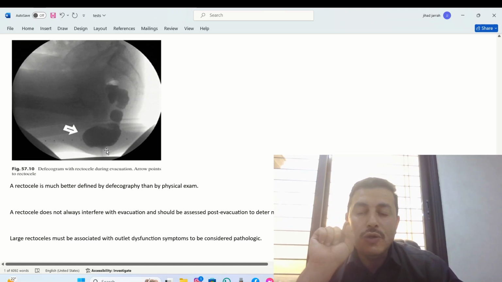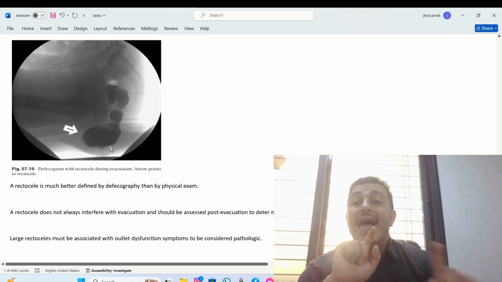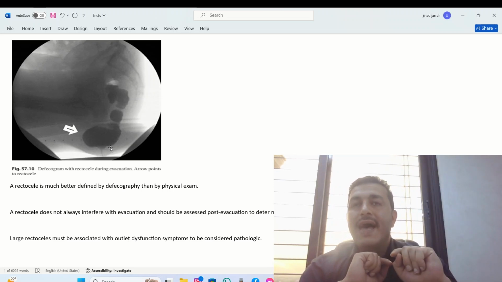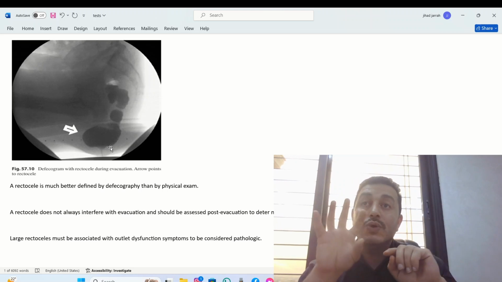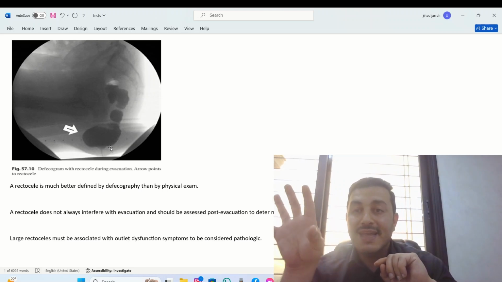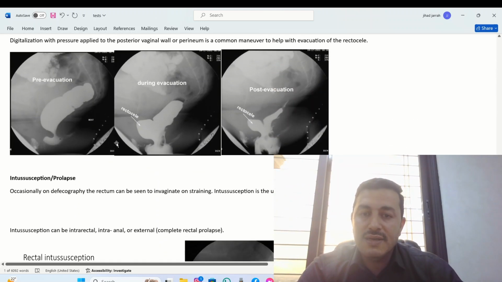Actually, to diagnose rectocele, we need images during evacuation, and the important one is post-evacuation. Post-evacuation, we will see the trapping of contrast in the rectocele, as you see here.